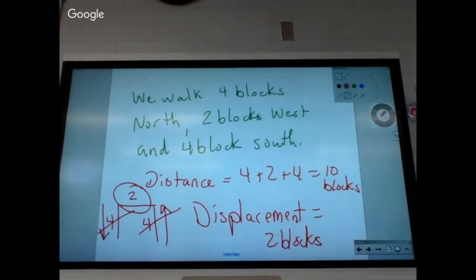So how far did I drive? Yeah. What's my displacement? What's the difference between where I start and where I stop on the track? What's the difference between where I start and where I stop?